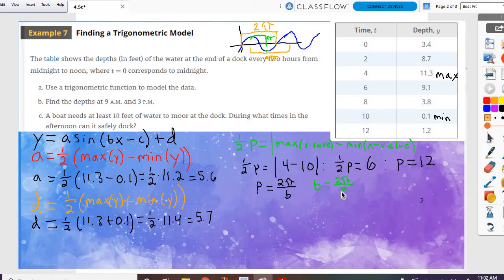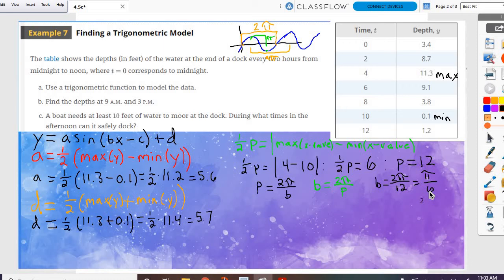So in this case, for our specific problem, our b value is going to equal 2 pi divided by 12. We can reduce that to be pi over 6. So 3 down, 1 more variable to go.